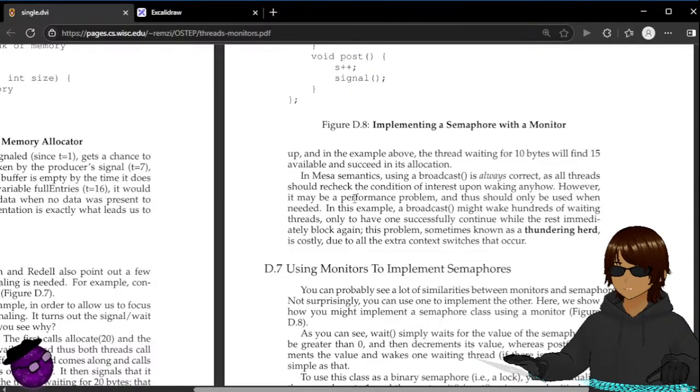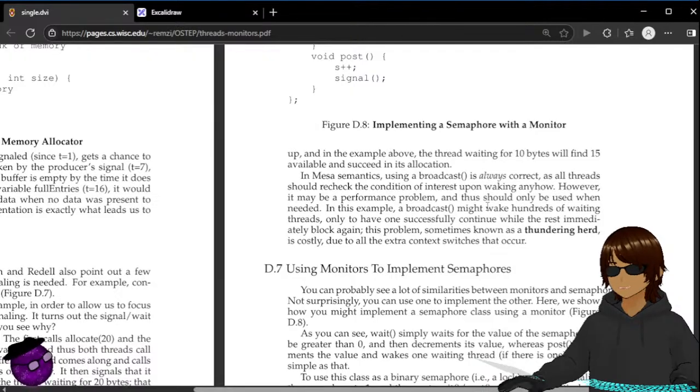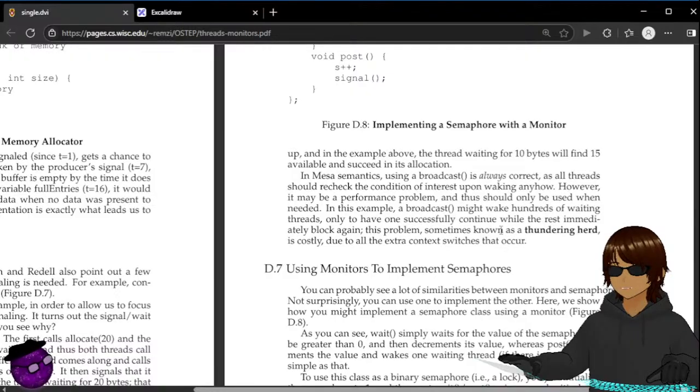However, it may be a performance problem and thus should only be used when needed. In this example, a broadcast might wake hundreds of waiting threads only to have one successfully continue while the rest immediately block again. This problem, sometimes known as a thundering herd, is costly due to all the extra context switches that occur.